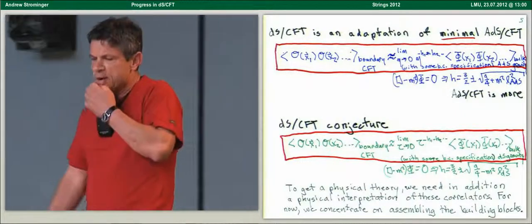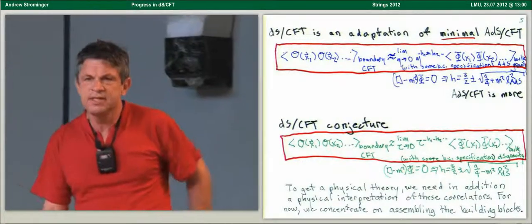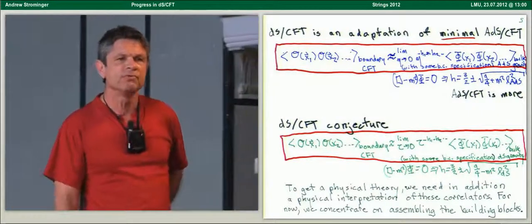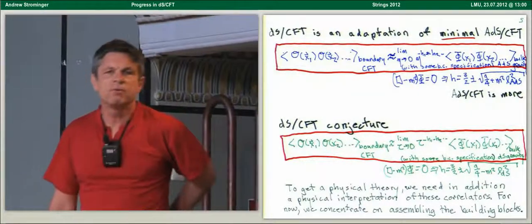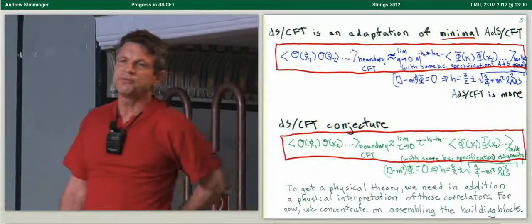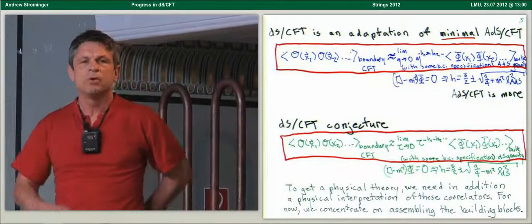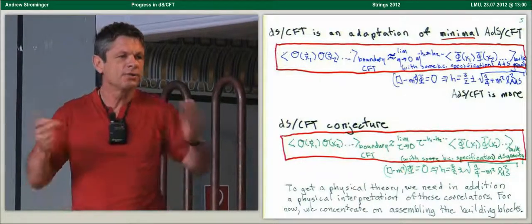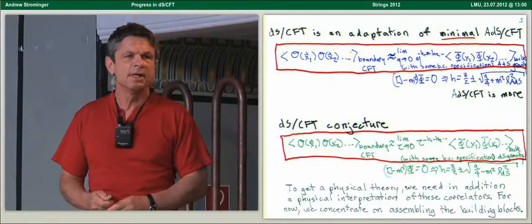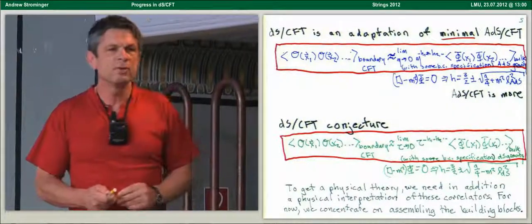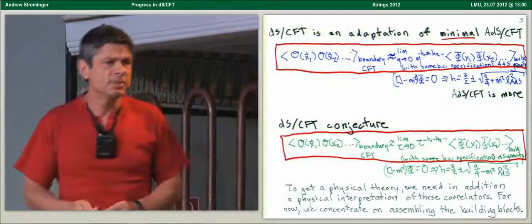Now, I want to emphasize that this is not a complete proposal for a physical theory. If I want to make a complete proposal for a physical theory, I also have to make some statements about what the observables are, how we interpret these objects, and so on. In other words, I have to provide some kinds of answers to those questions on my second transparency.